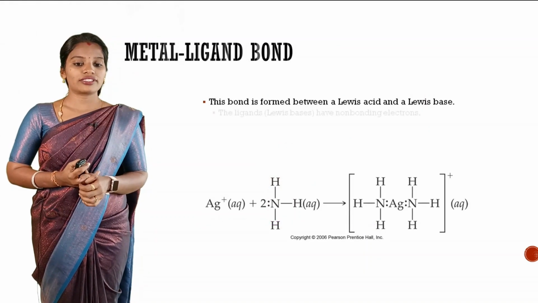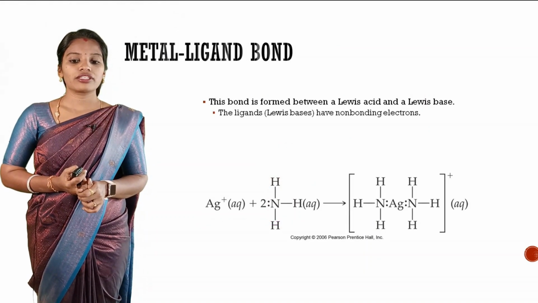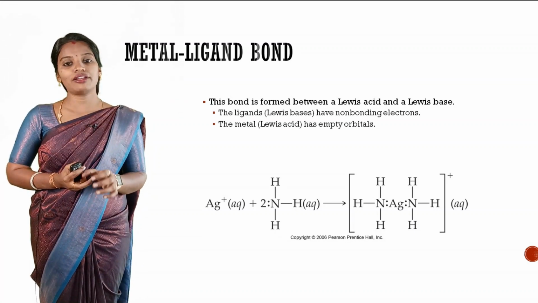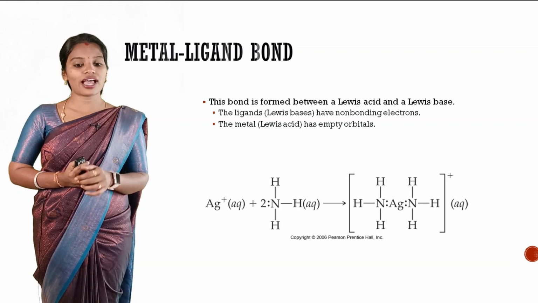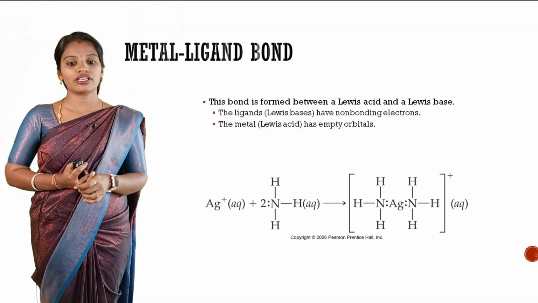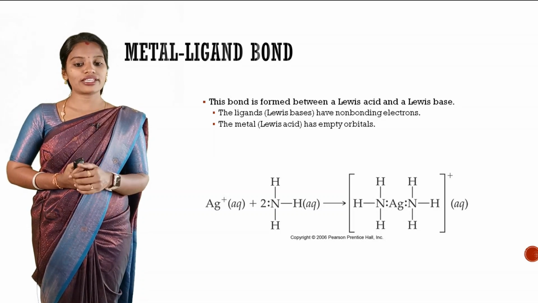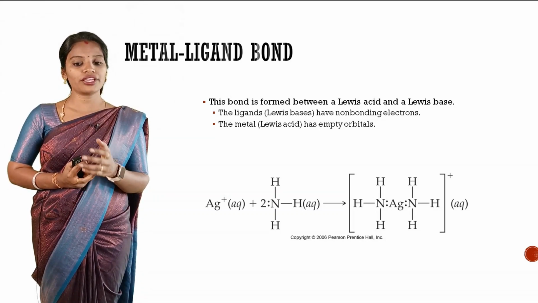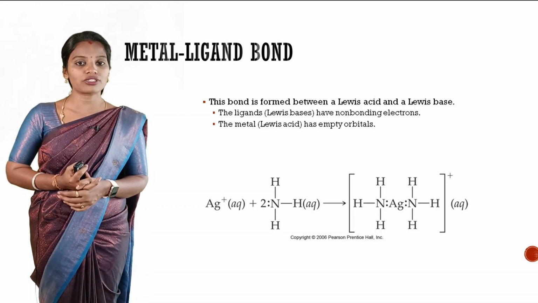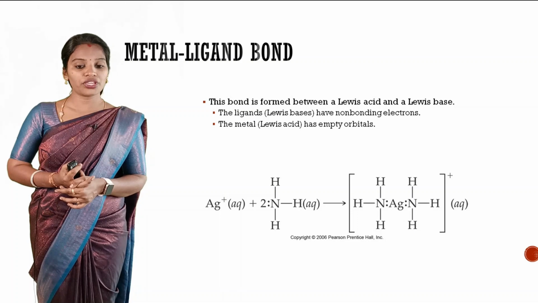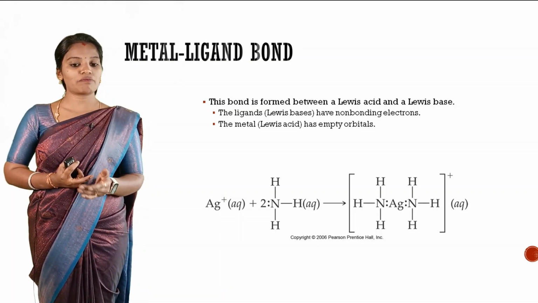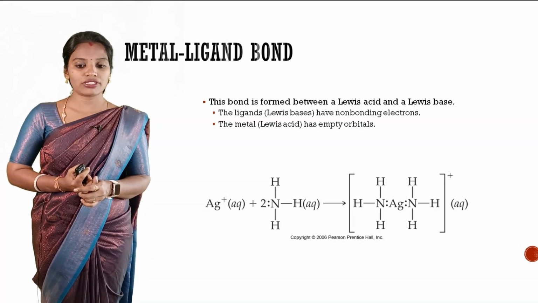And then let's see metal-ligand bonding. The bond is formed between a Lewis acid and a Lewis base. Here the Lewis acid is the central metal ion and the Lewis base is the ligand. Look at the example. The ligand, a Lewis base, has non-bonding electrons, that is lone pairs of electrons, like ammonia, and the metal, a Lewis acid, has an empty orbital, like Ag+.